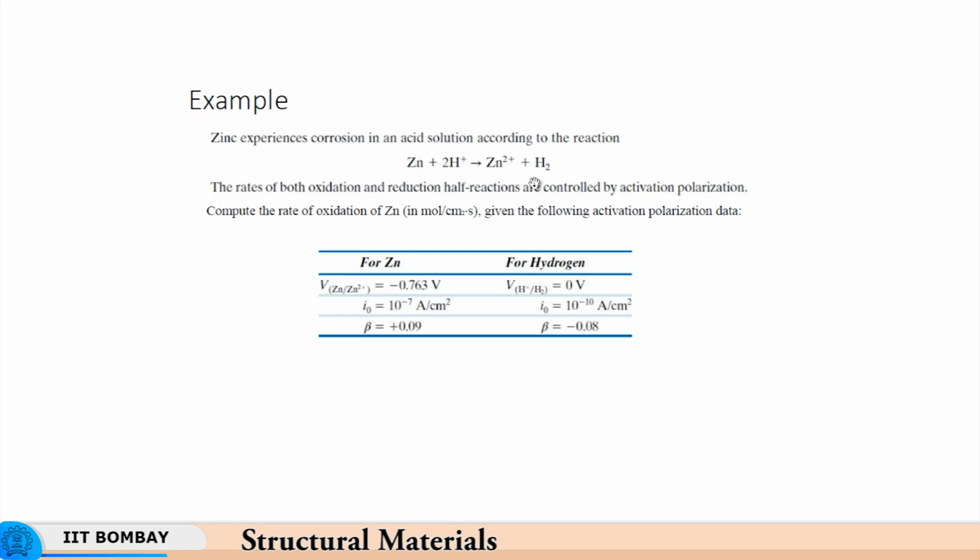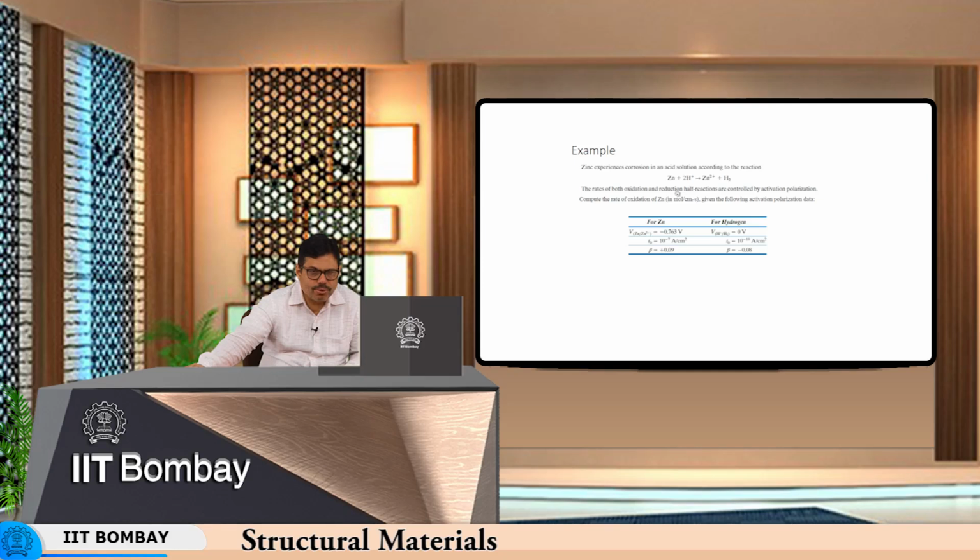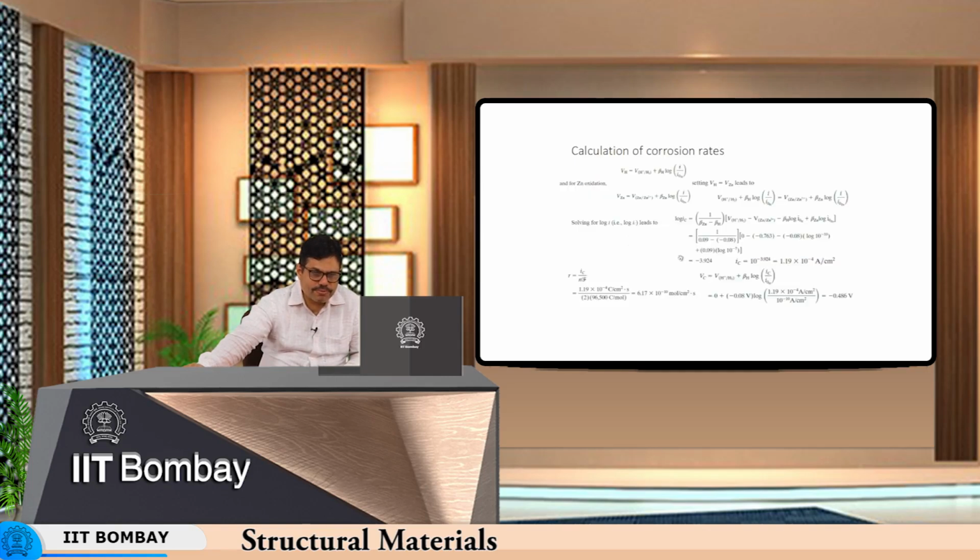Initially it gets reduced to atomic hydrogen, and then that atomic hydrogen gets combined to diatomic gas H2, and here both oxidation and reduction rates are governed by activation polarization. So, basically we will have to calculate the rate of oxidation of zinc, and therefore the amount of material that is lost from the zinc plate.